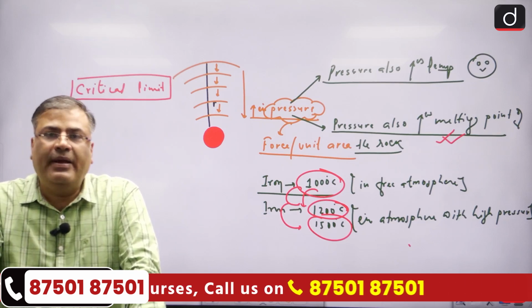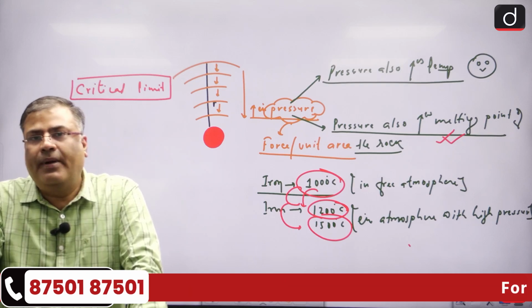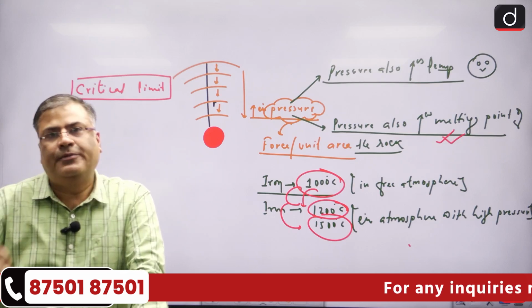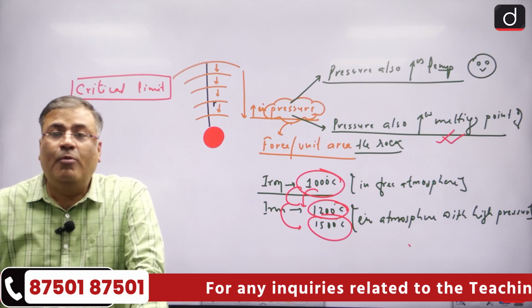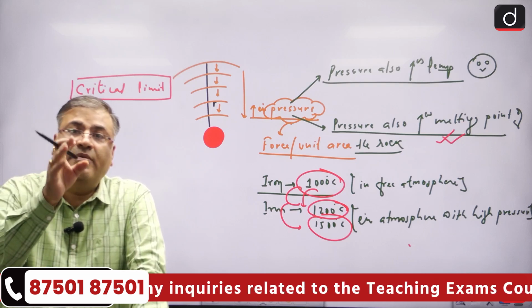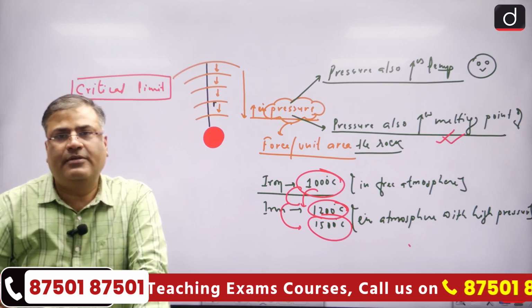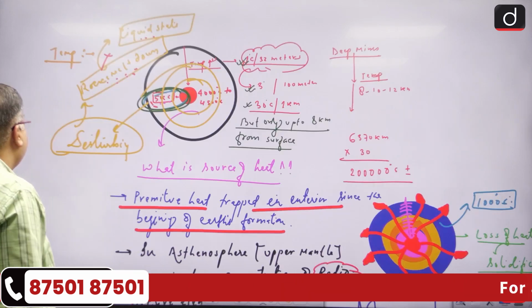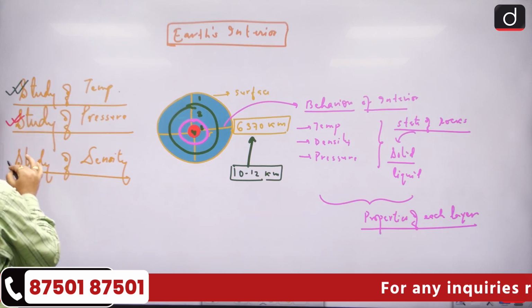Pressure does play an important role, it's true, but only up to a certain limit. Beyond that limit, no matter how much we increase the pressure, the melting point of the rock will not increase. And for this, the third thing comes into the scene, and that is the study of density.